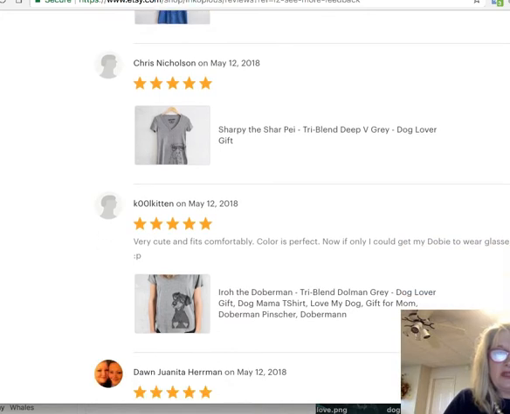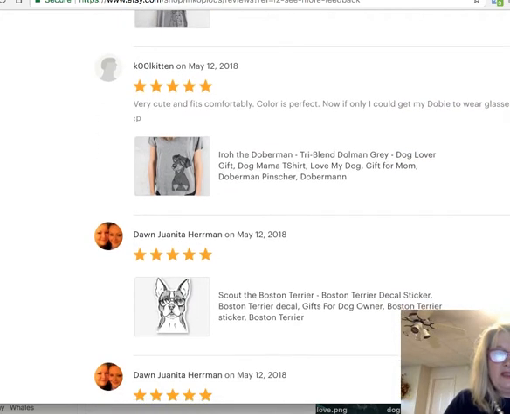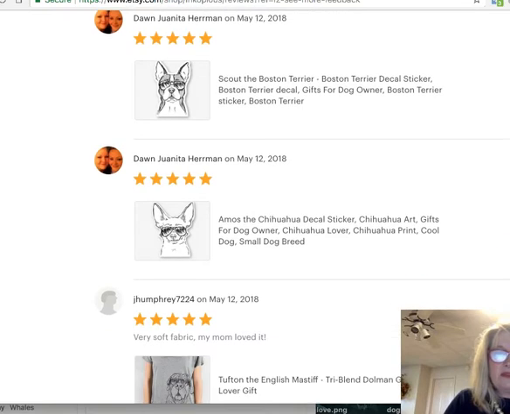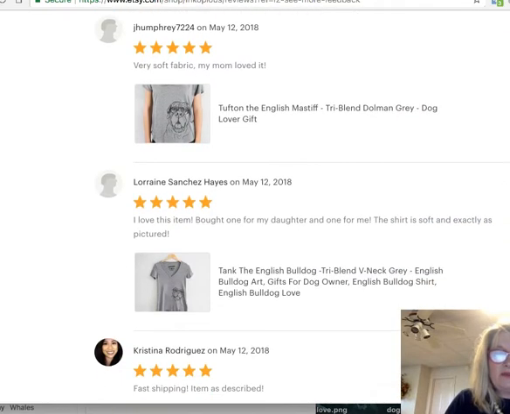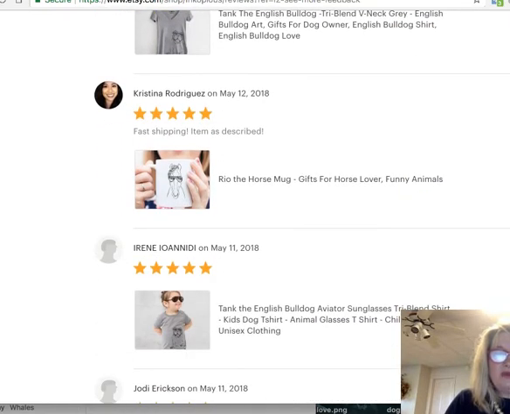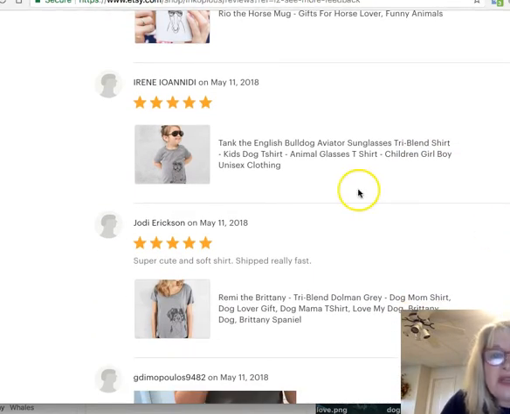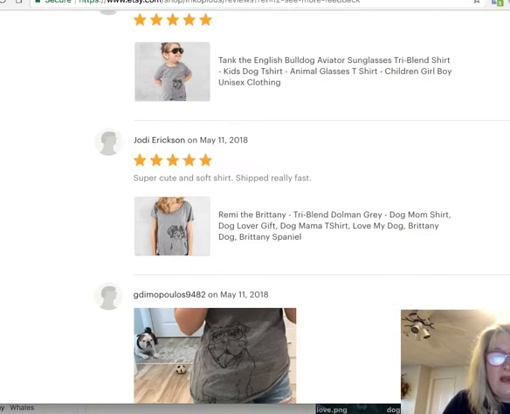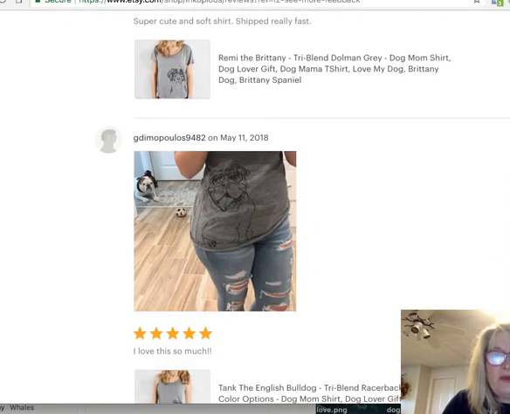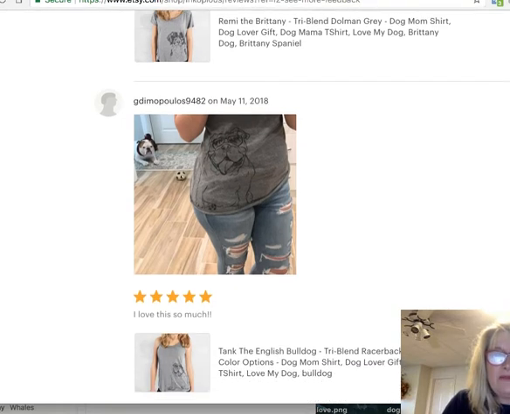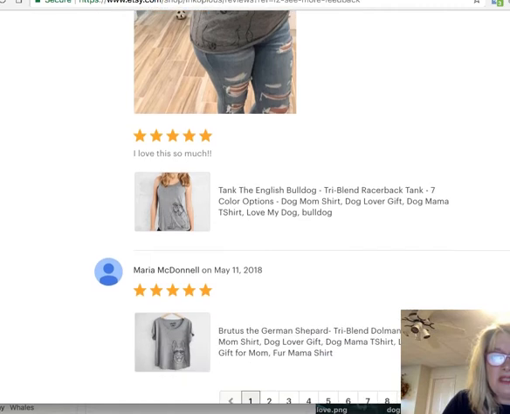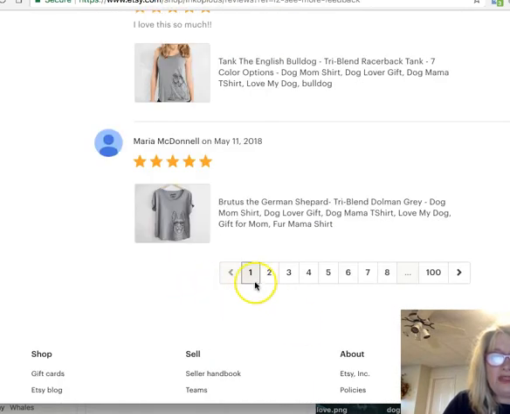Jack Russell, Shar-Pei, the Doberman, Scout the Boston Terrier, Chihuahua, English Mastiff, English Bulldog, the horse, Tank the English Bulldog, aviator sunglasses, tri-blend shirt, Dolman. Gray, so that is Remy, it's a Brittany, that's another dog breed, English Bulldog, German Shepherd.